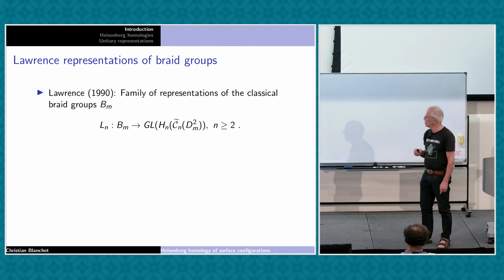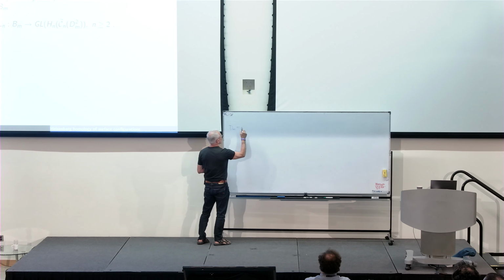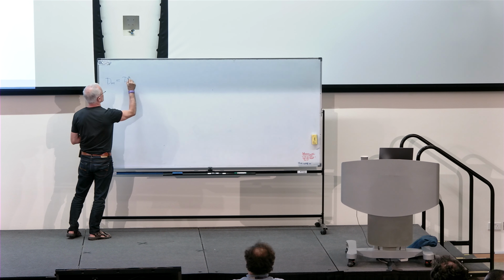I guess everybody knows about the classical braid group, but this Dm is just a punctured disk, D2 minus m points. So I can draw like this.